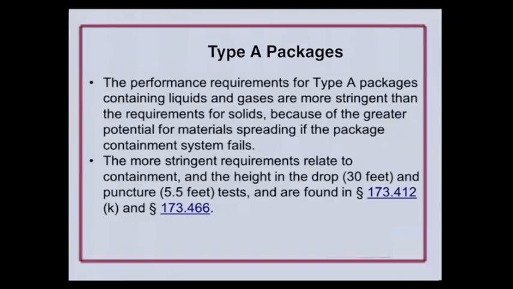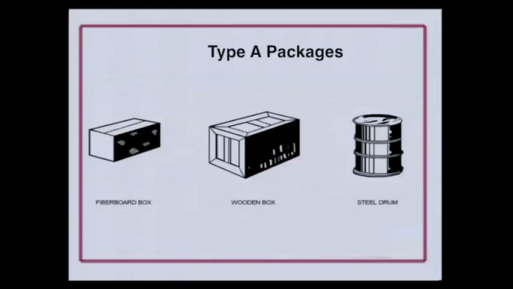Puncture test is at 5.5 feet instead of the 3 feet. And there are some other ones that we'll show in there. And these are some common Type A packaging. Type A packages. Fiberboard, wooden box, steel drums, water spray.